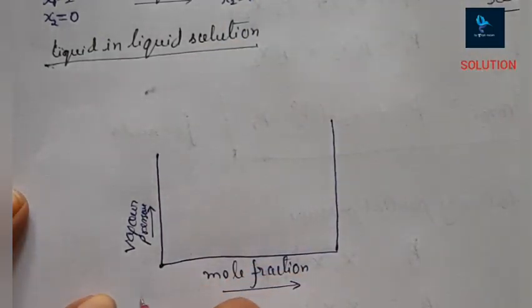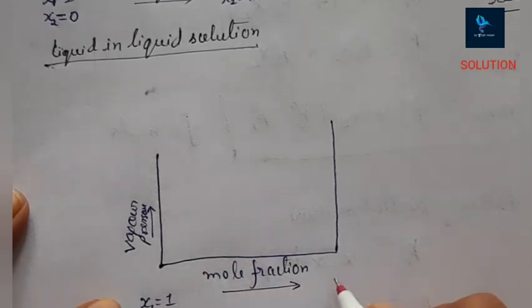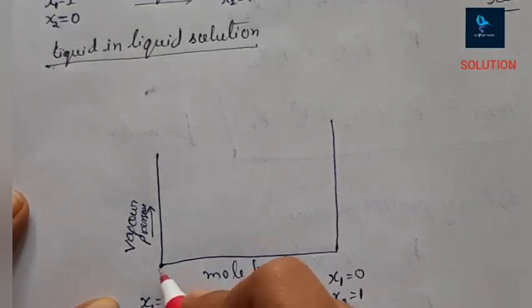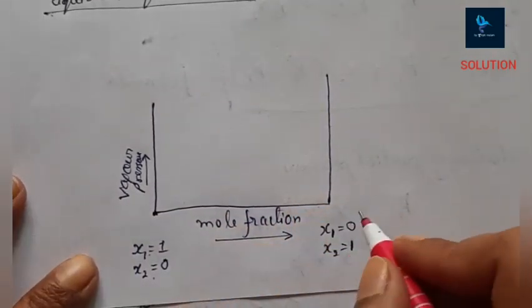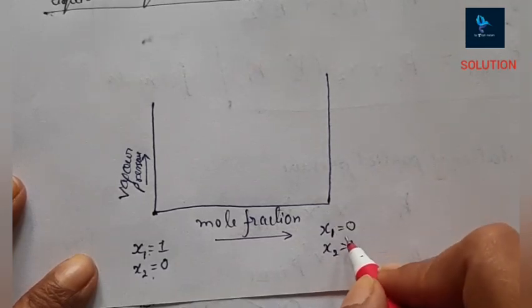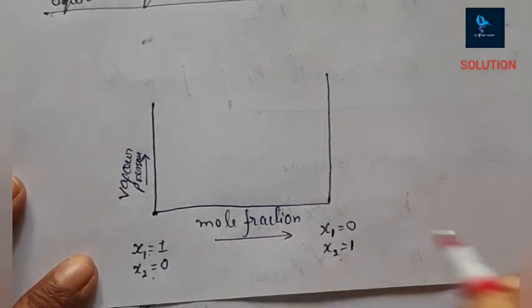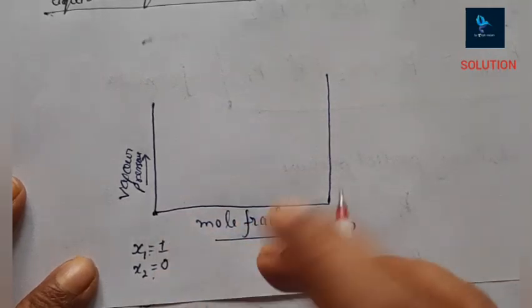At this point, the value of x1 is 1, greater compared to x2. Here at this point, x1 is lower as compared to x2. At this point, the molarity of the first component is greater compared to the second component, but here the molarity of the first component is lower than the second component.